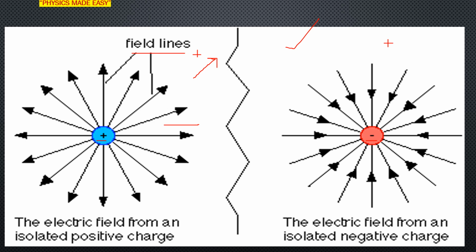So for the negative charge, electric field lines are radially inward, and for the positive charge, electric field lines are radially outward. The test charge is always a unit positive charge.